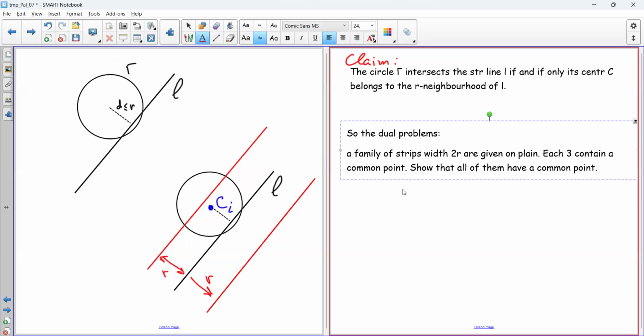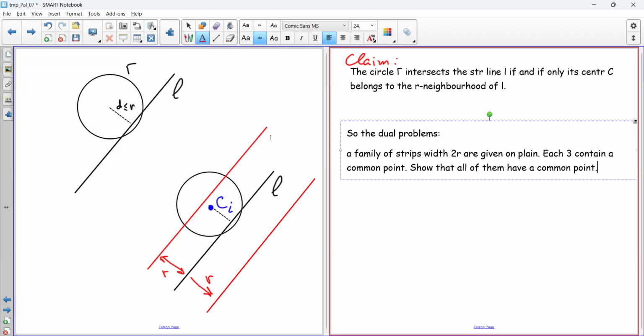Okay, but now I bet you already understand what happens. We have the situation of a finite number of infinite strips. It's quite easy to check that a strip is a convex figure, because with any two points, it contains the entire segment between them.